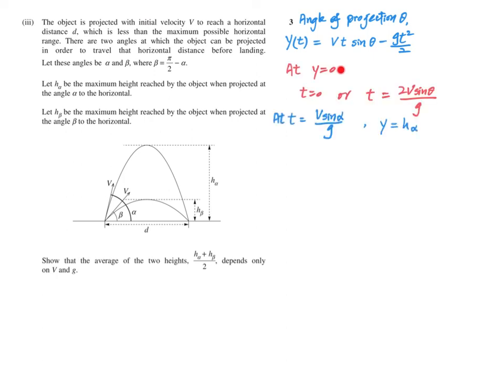What we have done in the previous sections: when the object is at the ground, it is either at the very beginning when t equals 0, or the object returns back to the ground at t equals 2v sine theta over g. At t equals 2v sine theta over g, the object has already traveled the whole horizontal distance d.